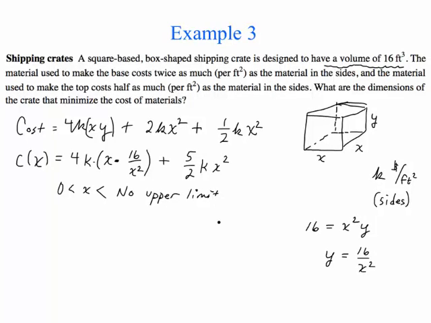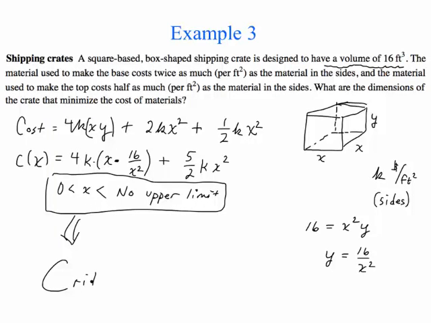It's not realistic, but we can keep making Y small enough so that the base is as big as we want, and we get that volume of 16. So the domain is really not a player in this problem. 0 doesn't make sense, and a really huge, microscopically tall box doesn't make sense. So we're going to be looking for a critical value in this problem. Critical values, not endpoints.